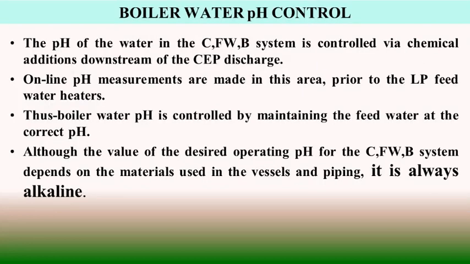For pH control of boiler water, we have a chemical addition arrangement downstream of the CEP discharge, and we also have online pH measurement devices before feeding to the LP feed water heaters, and we continuously maintain the pH in such a way that it is always alkaline in the system and there is no damage due to oxidation of metal.